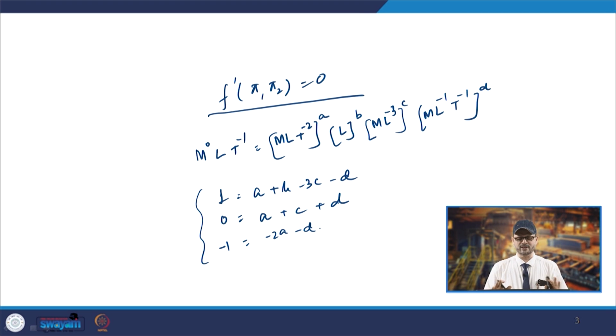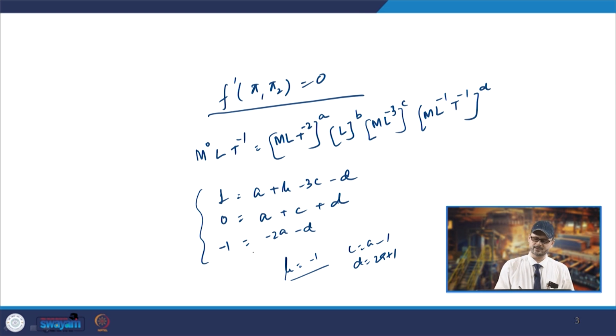If you manipulate these equations, you can find the value of b as minus 1, and c and d are expressed in terms of a because you have 3 equations and 4 unknowns. So, c and d can be expressed in terms of a. You have c as a minus 1 and d as 2a plus 1.